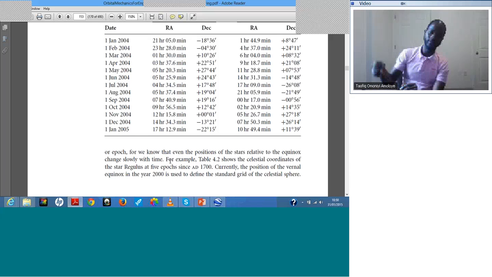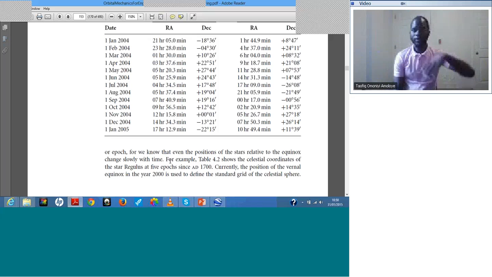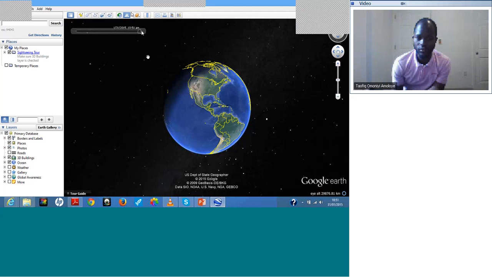The Moon is revolving around the Earth, the Earth-Moon system is revolving around the Sun, and the solar system, that is the Sun with all of the other things revolving around it, is also revolving around some other center somewhere, and that center is also revolving around some other center somewhere. So in fact, maybe we should try to look at Google Earth and see sky. So we go to sky.